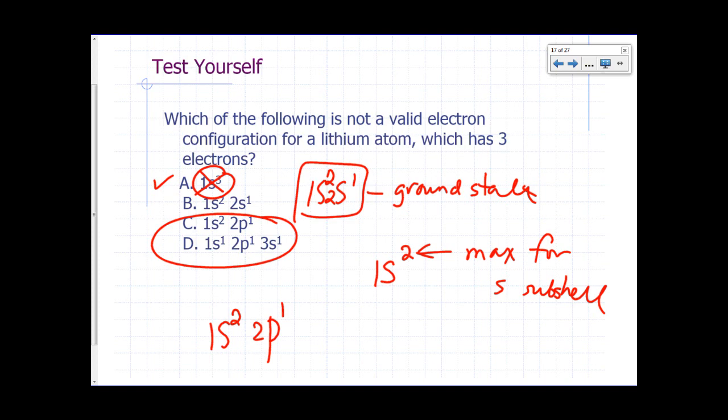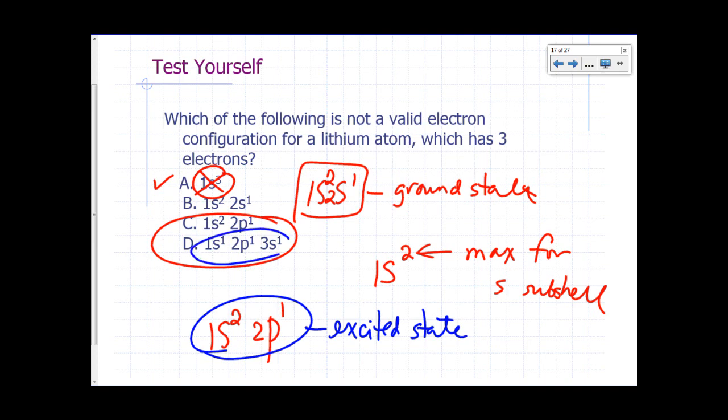So this is a valid electron configuration. It just so happens to be what we would call an excited state. This will not be the most stable form of lithium. And 1s1 2p1 3s1, the same thing. So these are all valid because they have 3 electrons. Lithium has 3 electrons. So 1, 1, and 1, that's 3 electrons. 2 and 1, that's 3 electrons. So it just so happens that these are excited states.